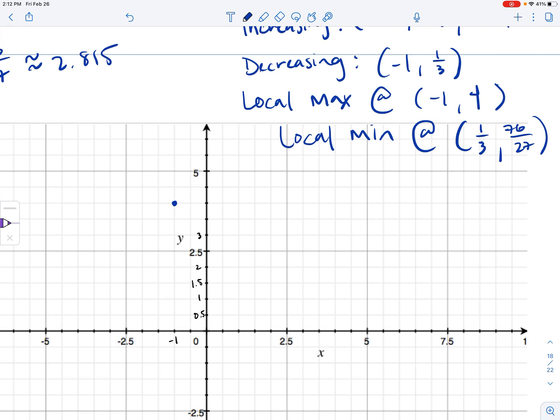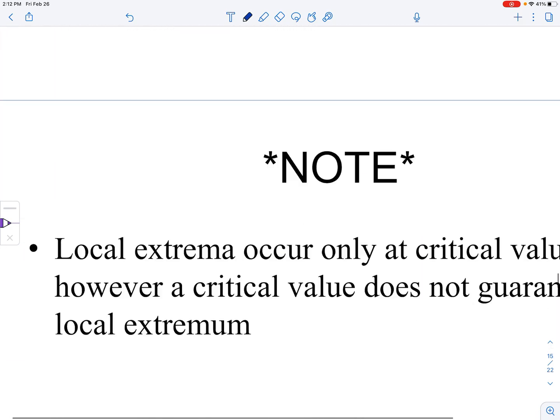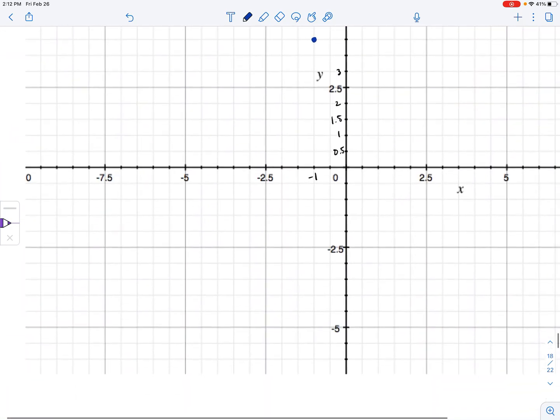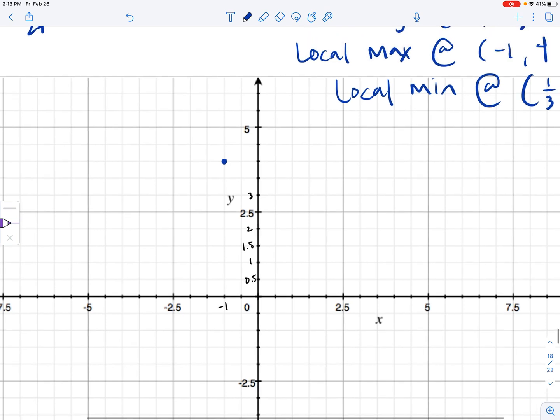And 1/3, and then approximately 2.815. Sorry about that. So 1/3 and then 2.815. Say in there.